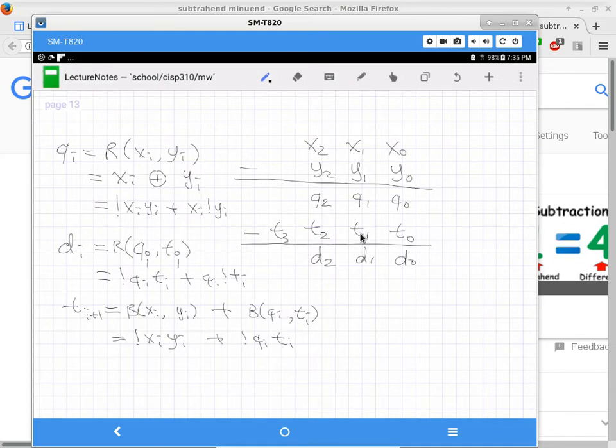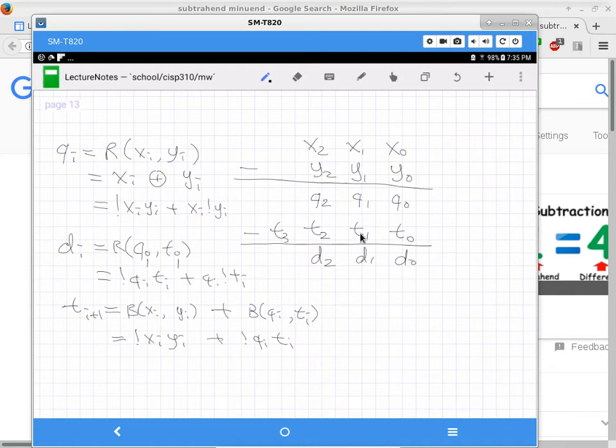Does that make any sense? So at this point, we end up with the same problem that we had with addition, which means Ti plus 1 depends on Ti. Ti in return depends on Ti minus 1, Ti minus 1 depends on Ti minus 2, and so on. So we still rely on the rippling effect to go from right to left.